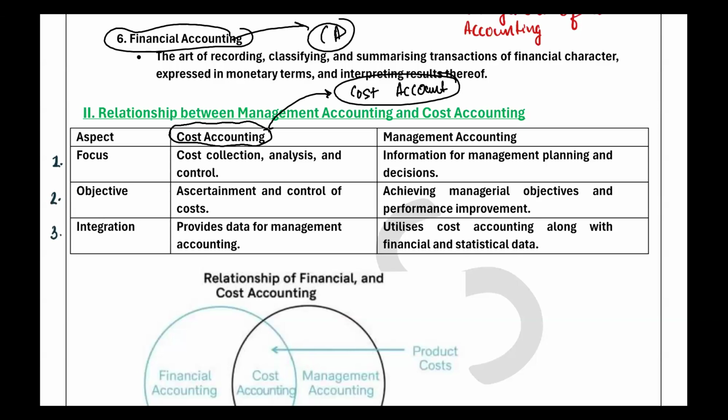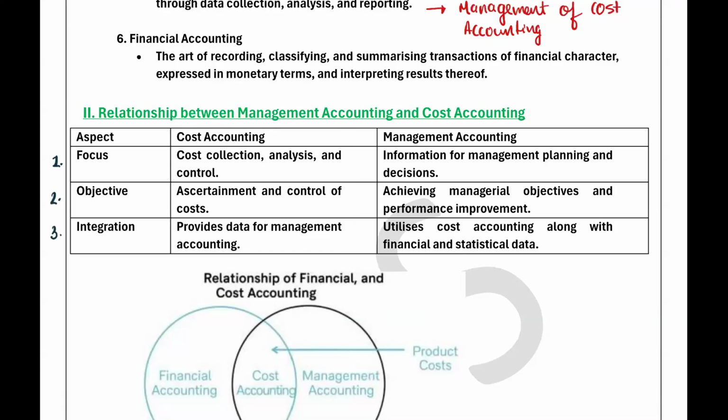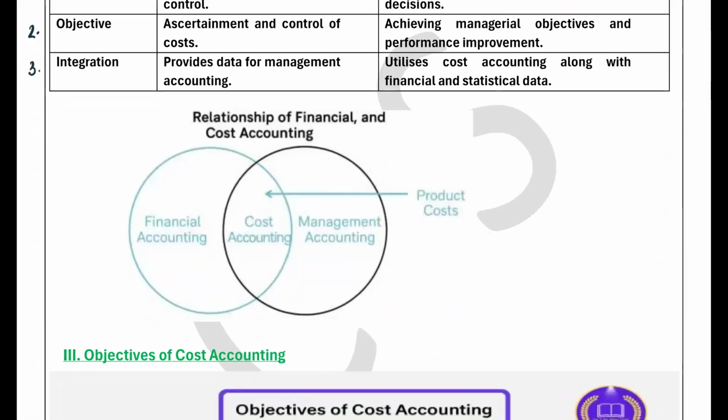Similarly, for cost accounting, a cost accountant is needed, because they will do these things and give them to management accounting to make better decisions for the organization. Is it clear? So now you can easily relate this to the relationship of financial and cost accounting, right?